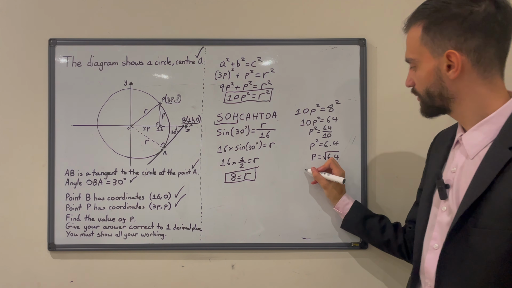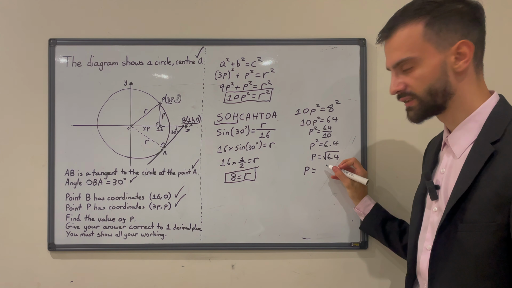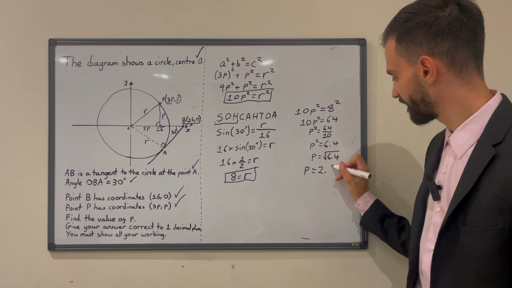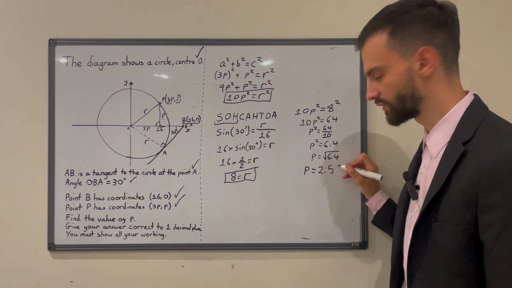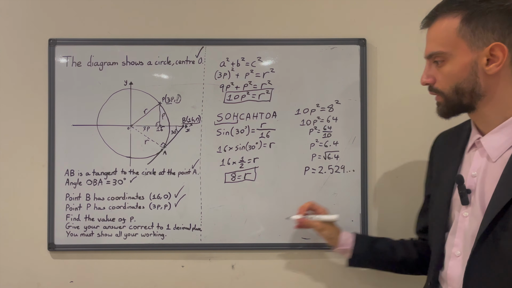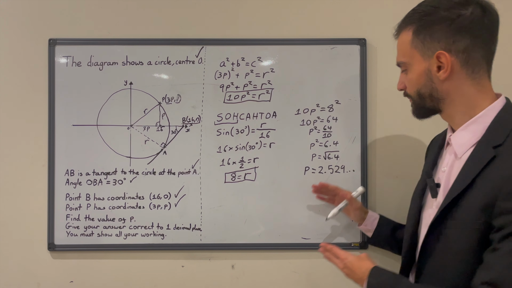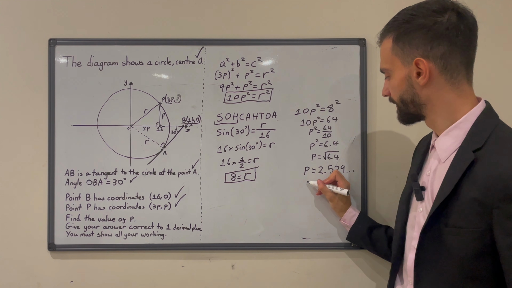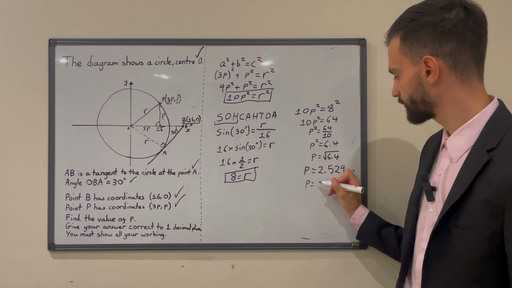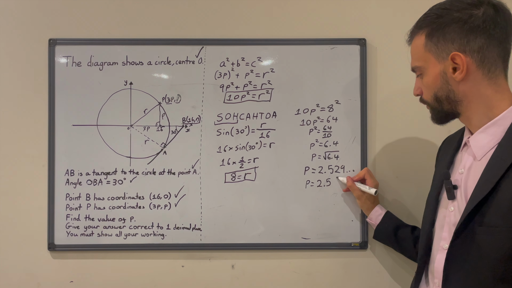Simplifying that below, we have p is equal to 2.529 continued onwards. We want this answer to be to 1 decimal place. We'll simplify that just below to be p is our final solution of 2.5 to 1 decimal place.